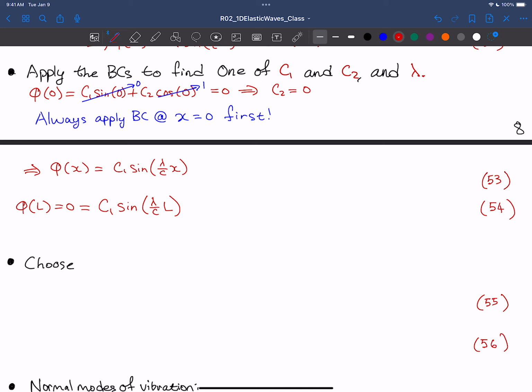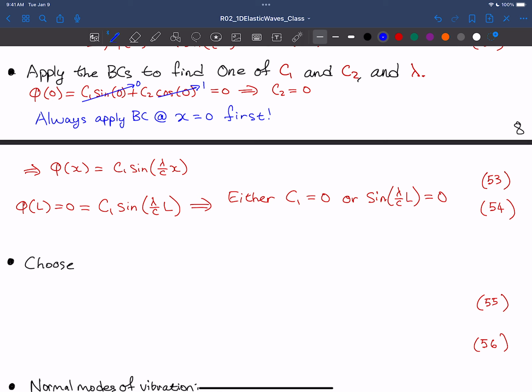We actually have two options in terms of a solution here. So let's write it here. We will either have that C1 is equal to 0, or that the sine of lambda over c L, not x, is equal to 0.